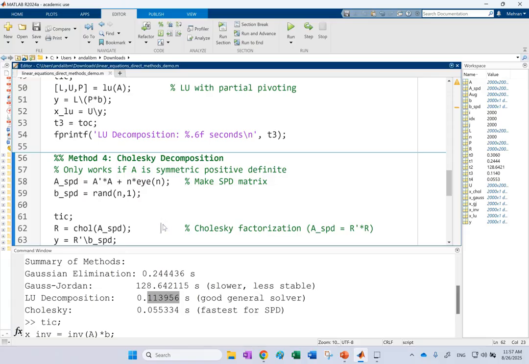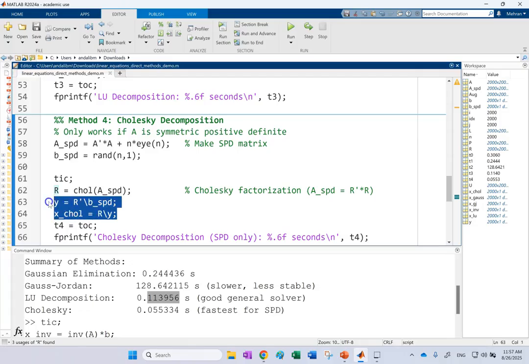Now, two things. One, how did I get my matrix L, or R in this case? It comes from the built-in function CHOL. So you just pass the coefficient matrix to it, and it gives you the L or R that you want. And here you can do forward and backward substitution and get your answer.